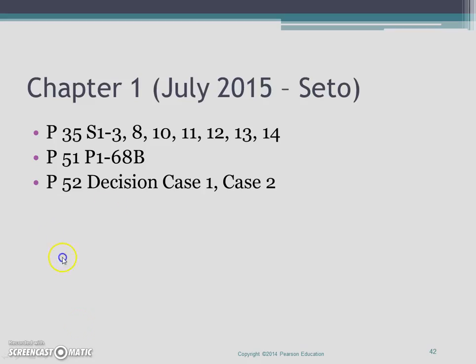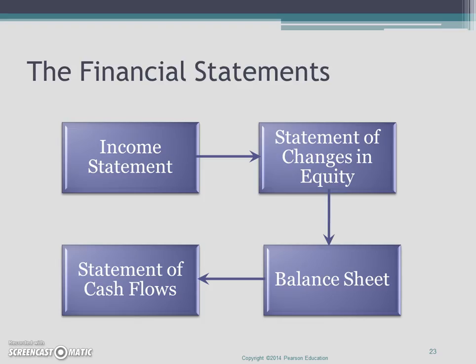Okay, so now let's go back. The textbook spends a considerable amount of time talking about the relationship between the four important financial statements that we're going to be using in accounting. It all starts with the income statement. Remember, the income statement shows the financial performance of the company for a certain period of time.